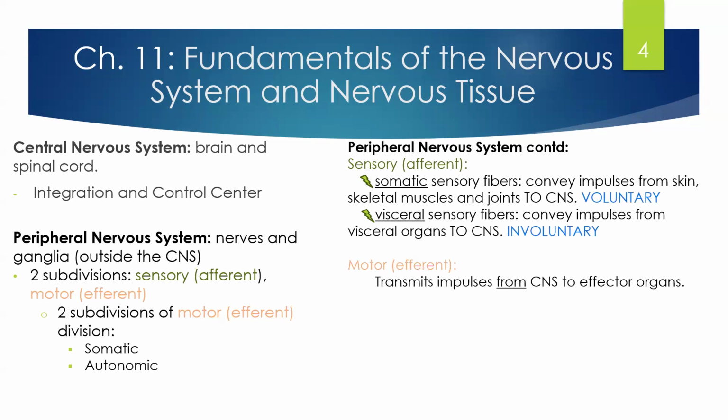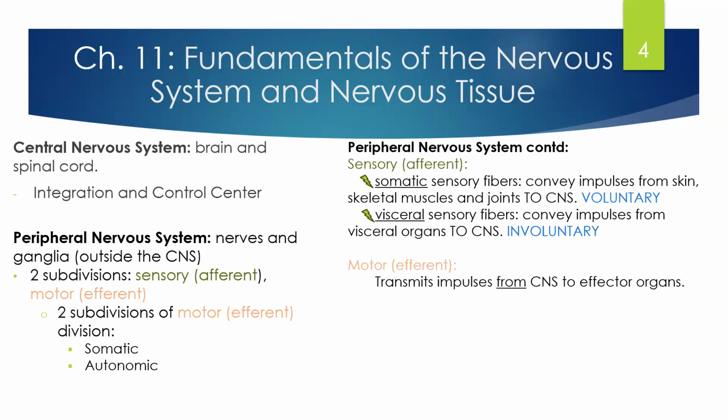So sensory or afferent also has different types of fibers. We have somatic sensory fibers. These convey impulses from the skin, skeletal muscles, and joints to the central nervous system, and these are voluntary. So big thing to know here, somatic, voluntary.